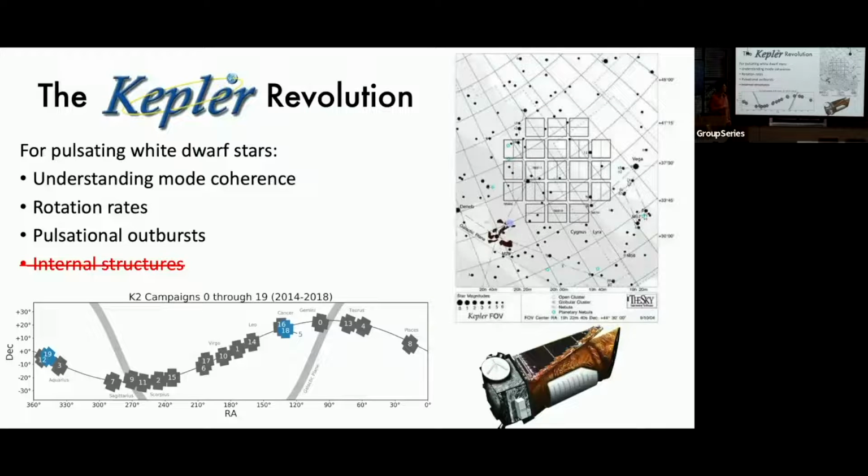You'll notice that I didn't include the precision constraints on the interior structures of these stars. There was actually a paper that was able to produce a fit within the precision of the measurements for the pulsation periods of a white dwarf.